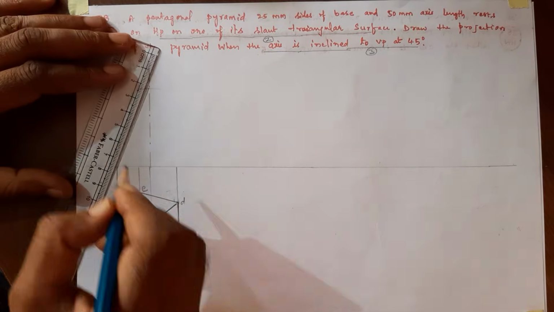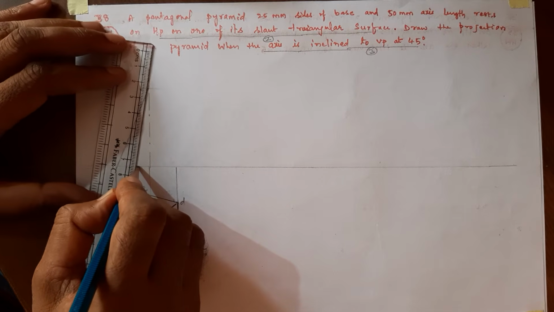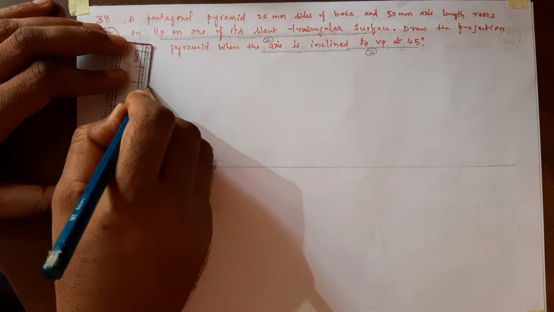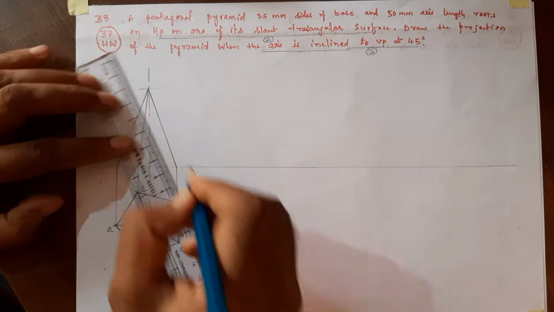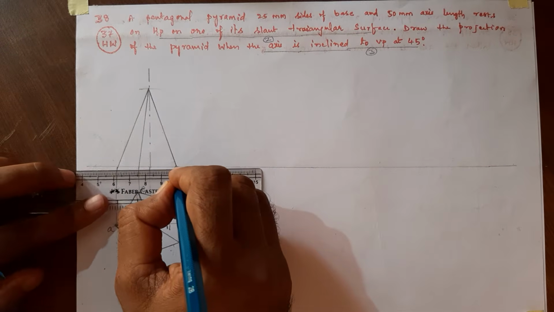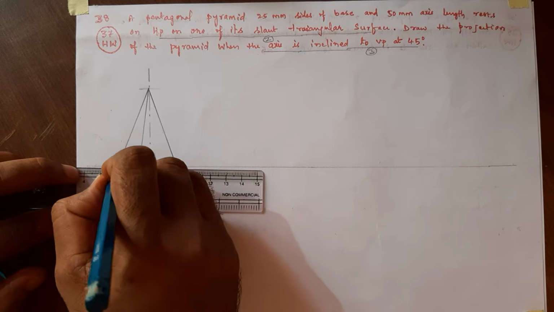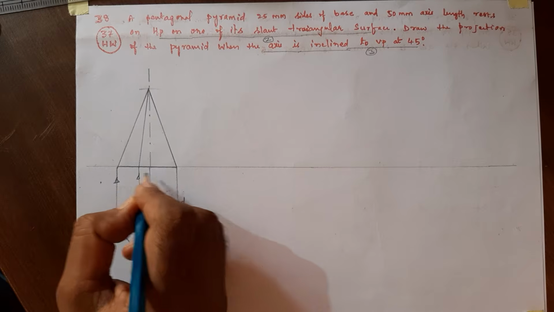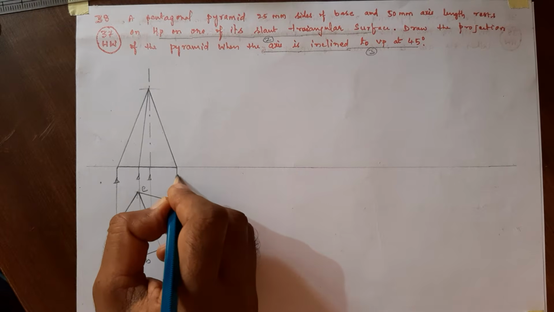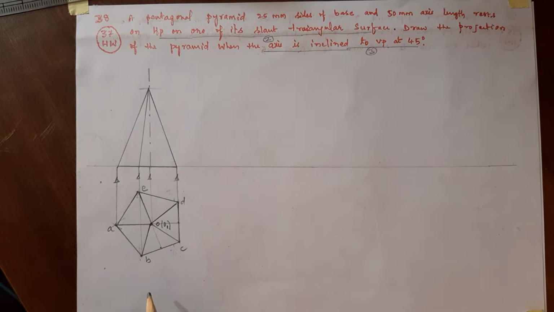Now this is the base point. Okay. Now see the vertical upward projector lines. Show with arrow head. Now write the edges or corners in the front view.